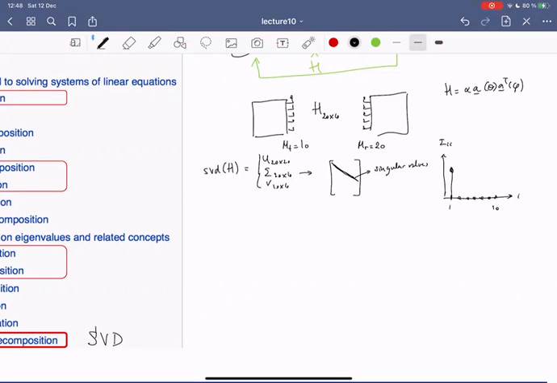Good. And now we apply our precoding and combining technique. So we have here V and U. We have then our data symbols, x tilde 1 till x tilde 10. Here we have y tilde 1 till y tilde 20.